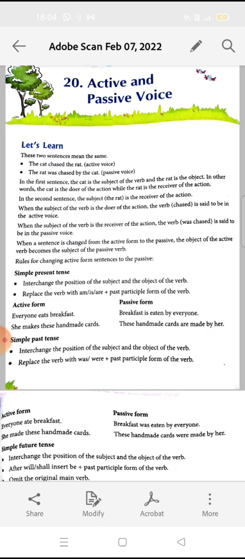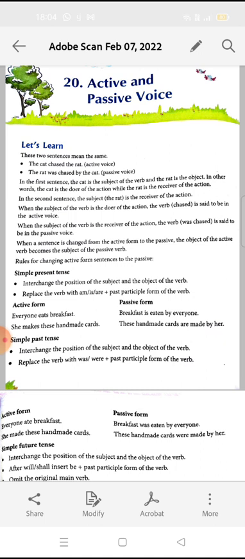Now, first thing, when we give importance to the subject doing the work, we use the subject first. That is an active sentence. This is not a golden rule as such, but for understanding, let's concentrate on a few things.